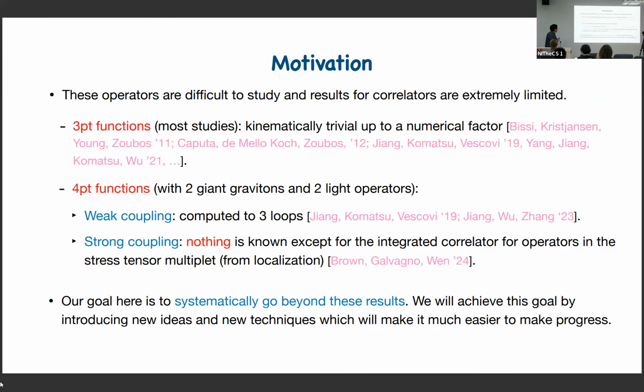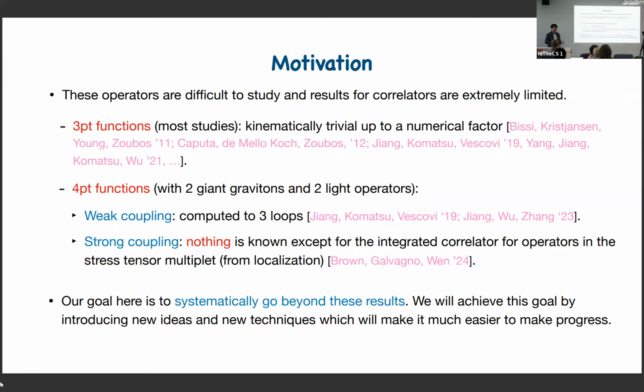Okay, so what do we know about these giant graviton correlators so far? It turns out that many things are still not known. Most studies in the literature focus on the case of three-point functions, for example with two heavy determinant operators and one light operator.